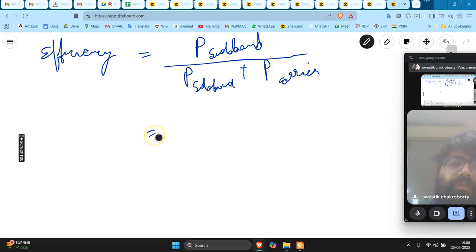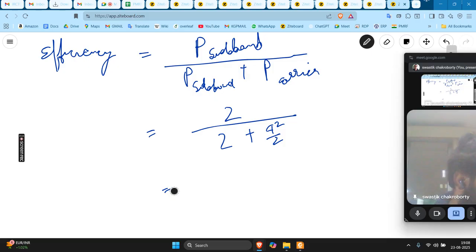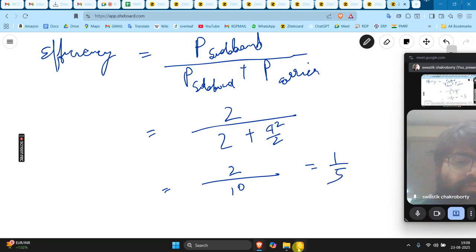Sideband power we have derived to be 2, and the carrier power is 4 square by 2, as carrier amplitude is 4. So it is 2 by 16 by 2, 8, 8 plus 2, 10, 1 by 5. So the efficiency is 1 by 5.